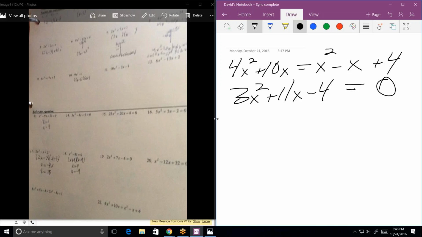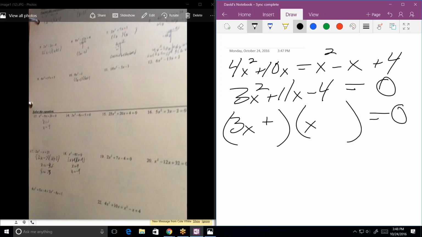That's an important part of it. So you have 3x and x, either plus minus or minus plus. Good.